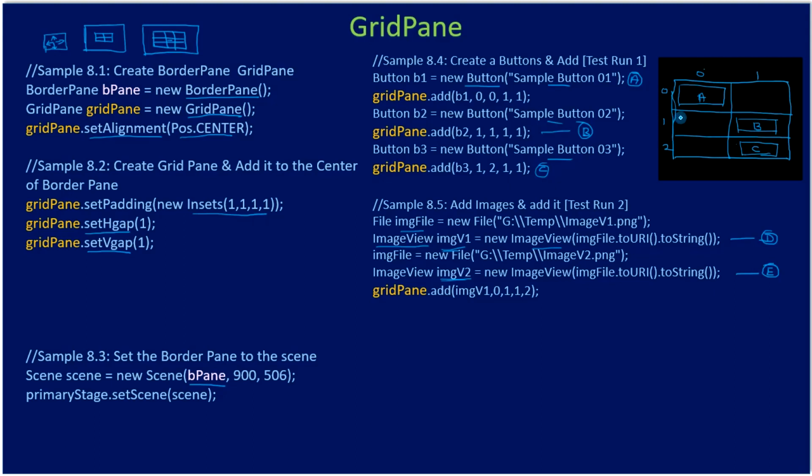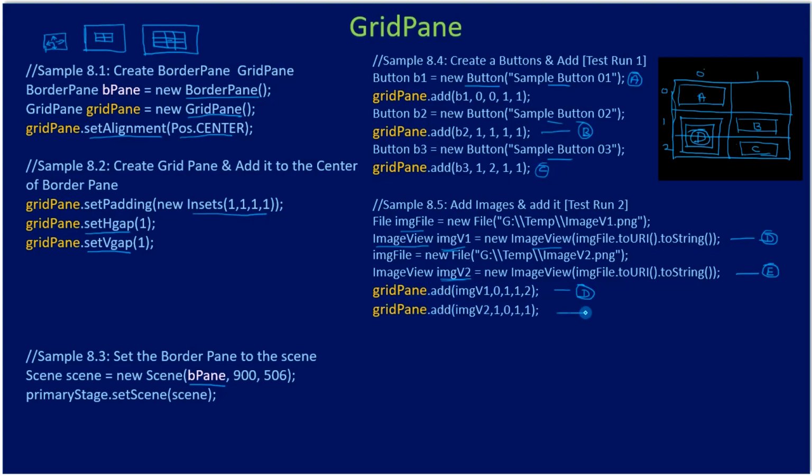So here we are giving column span as 1 and row span as 2. That means our image v1, it is D, will be placed here, occupying 2 rows. So D is created here and it gets added to our grid pane.